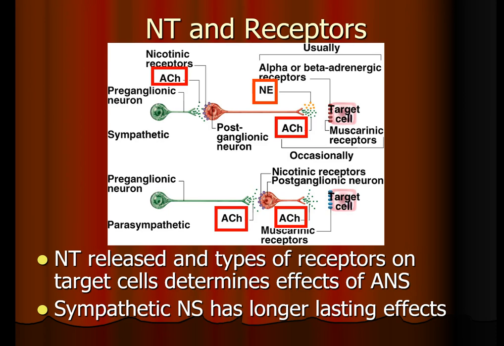When acetylcholine binds with a muscarinic receptor, it's inhibitory. Remember how we said acetylcholine might have different responses? It depends on what type of receptor the tissue has. Nicotinic, they named because nicotine can mimic the effects of acetylcholine.